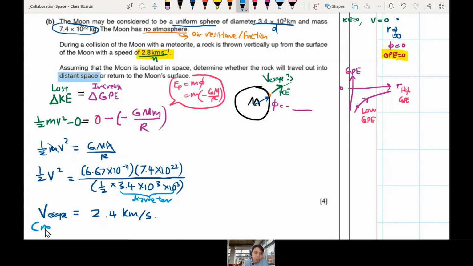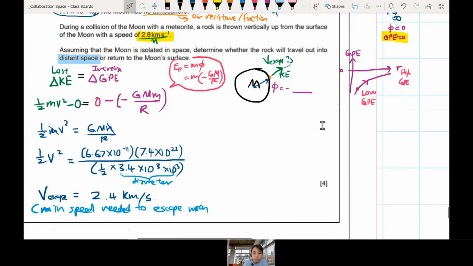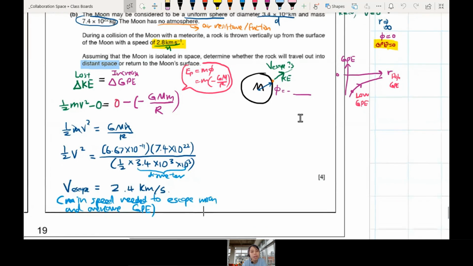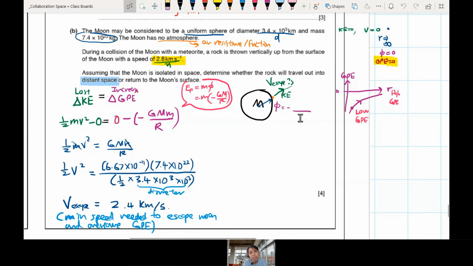So 2.4 actually is the minimum speed needed to escape the planet, or escape the moon, and overcome the negative GPE of the planet. So you need at least 2.4. We have 2.8, more than enough, no problem. So I think we won't see this rock again. It's gone. It's going to go to some distant universe.